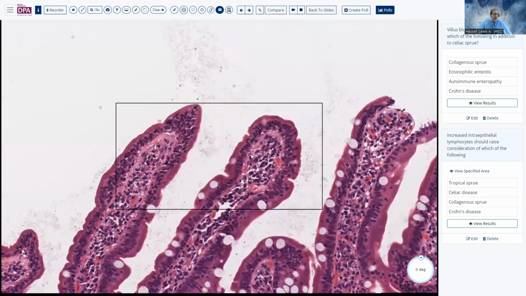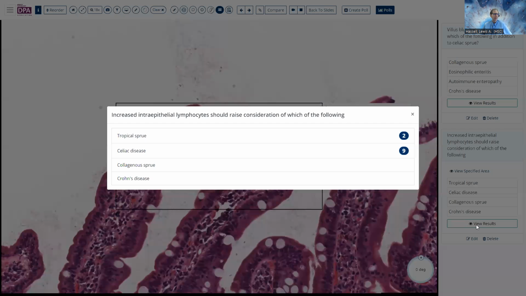So for example, what should we also think about with increased intraepithelial lymphocytes? Well, not tropical sprue. Tropical sprue is not associated with increased intraepithelial lymphocytes. Collagenous sprue may have increased intraepithelial lymphocytes. Crohn's disease, probably not. But certainly the most frequent would be celiac disease.